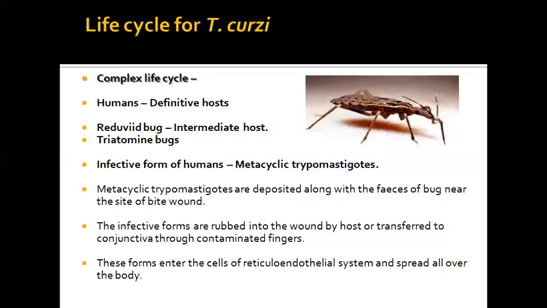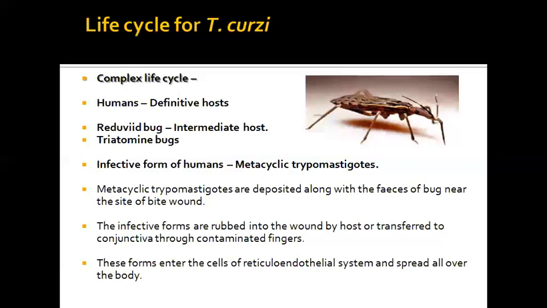Coming to the life cycle of Trypanosoma cruzi, it has a complex life cycle. It requires two hosts. Humans are the definitive hosts, whereas the reduviid bugs or the triatomine bugs are the intermediate hosts. These bugs are the insect vectors. The infective forms to humans are the metacyclic trypomastigotes, as we have seen in the life cycle of Trypanosoma brucei.